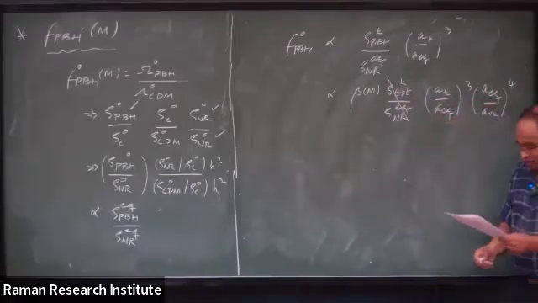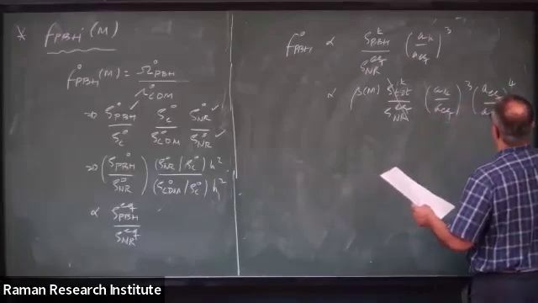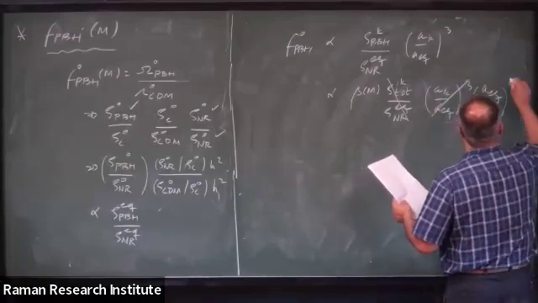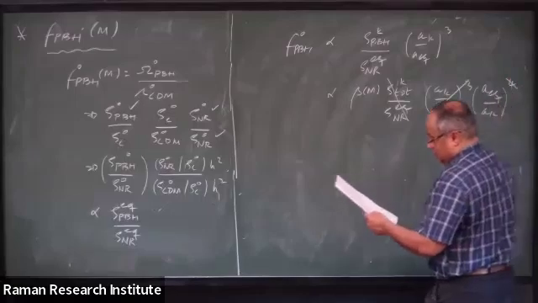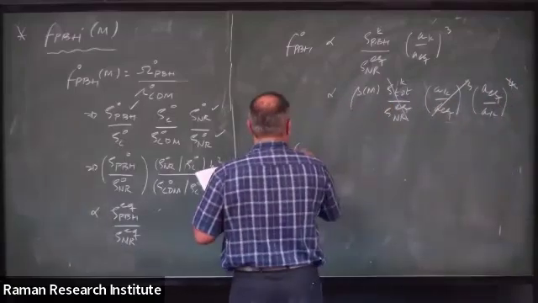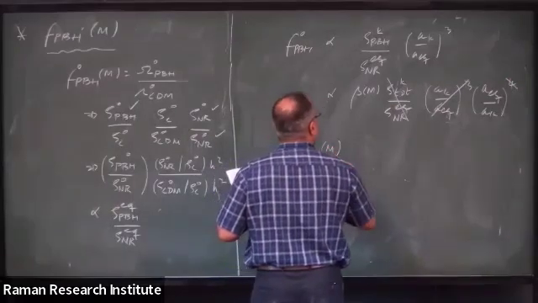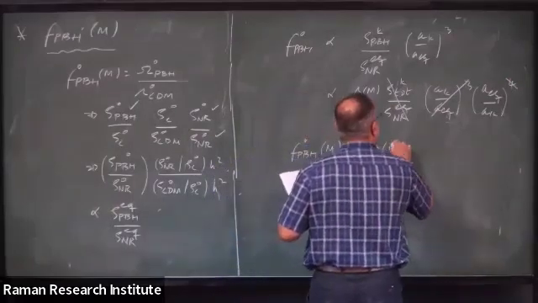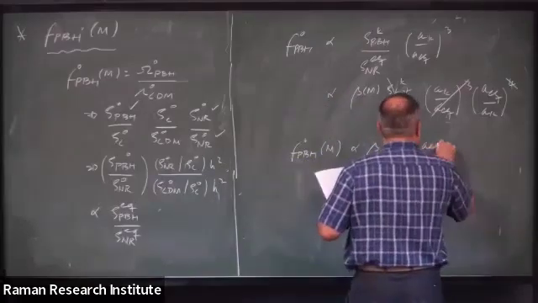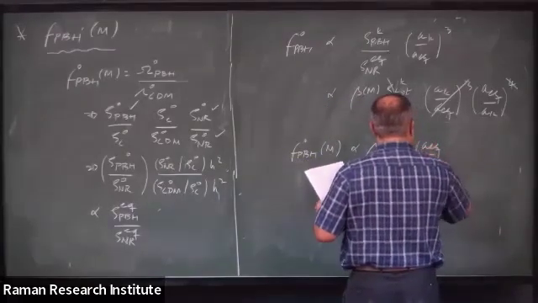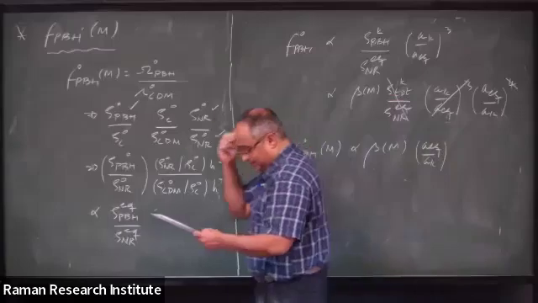So what do I get? I get a_equality by a_k. So in other words, FPBH naught, as a function of M, is proportional to beta M times a_equality by a_k.